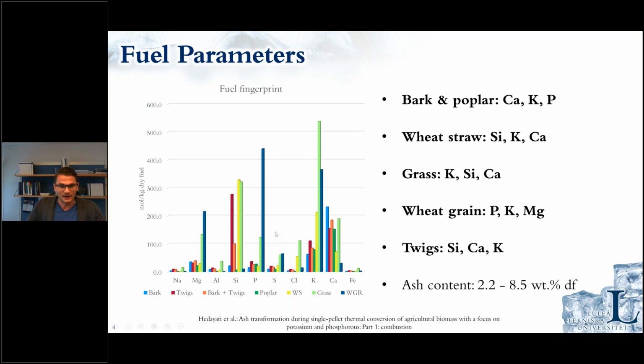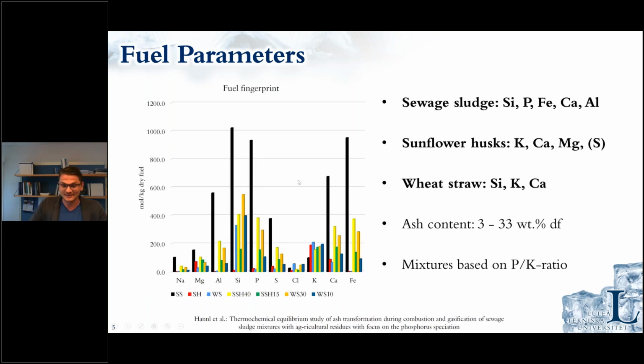noticeable. The other type of fuels we're analyzing are sewage sludge and sewage sludge mixtures with agricultural residues. As you can see in here, sewage sludge is very rich in ash. That's the basic asset of sewage sludge. It has like 33 weight% dry fuel ash content. So whatever elements you have in there, there will be a lot of them if you prepare any kind of mixtures with it.